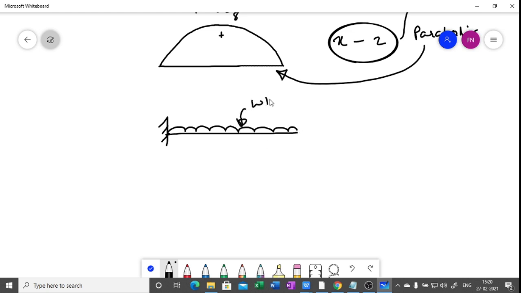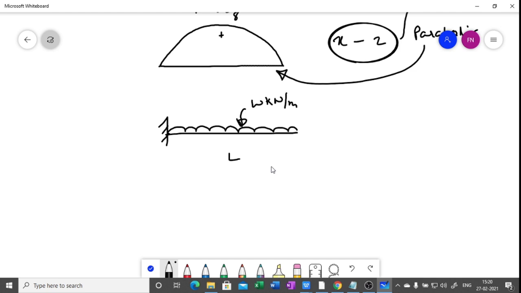The intensity of UDL is W kilonewton per meter. Length is L. This cantilever beam is subjected to UDL, so the nature of bending moment diagram will be parabolic.